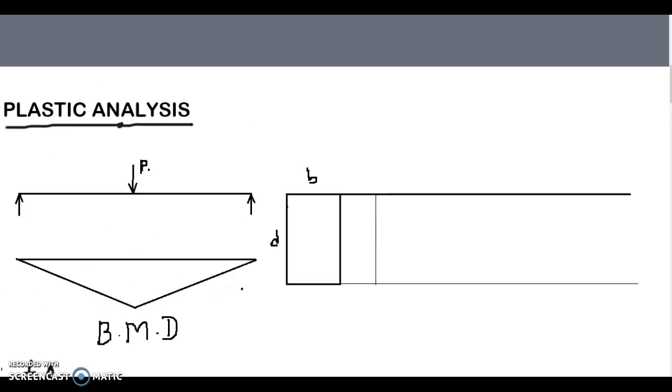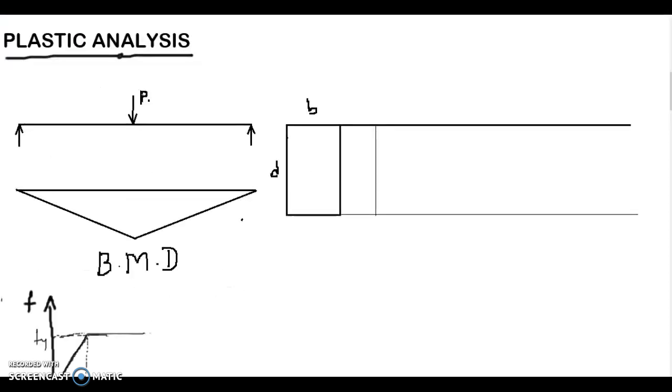Now if I take this beam, the beam is loaded here and the bending moment is shown here. This is where the maximum bending moment will happen, that will be PL by 4, and this is the length of the span.